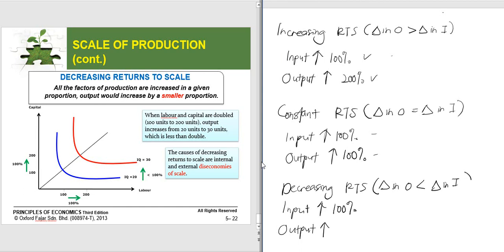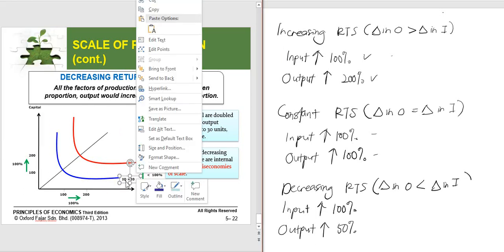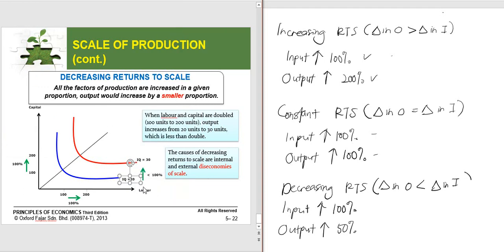Output will increase, but only by 50%. For example, as you can see here, from 20 units to 30 units. So that is a 50% increase. So you can see the change in output is lesser than the change in input.